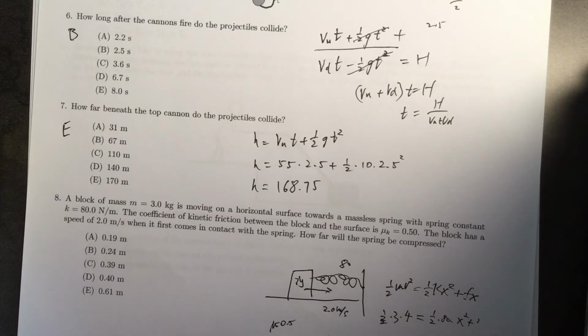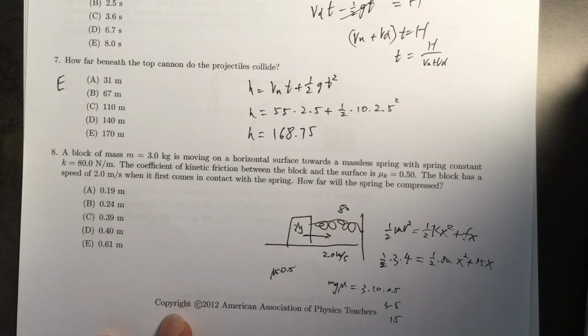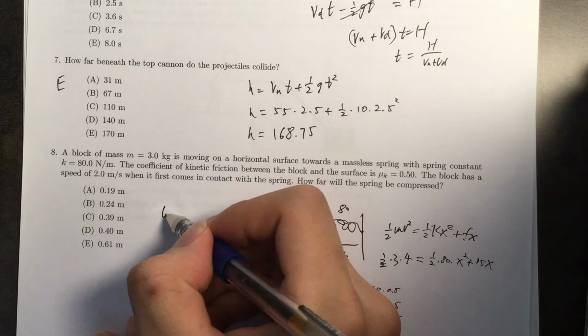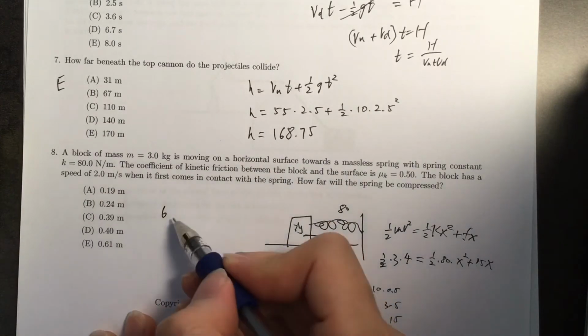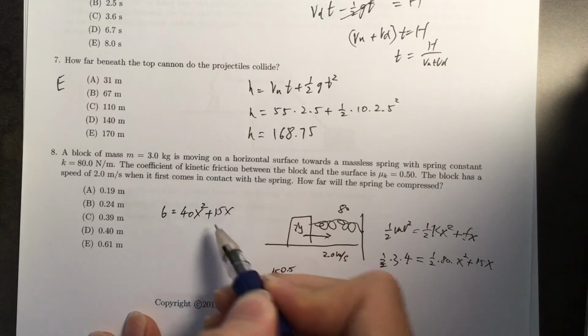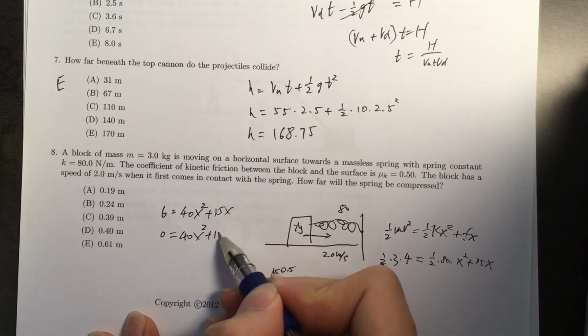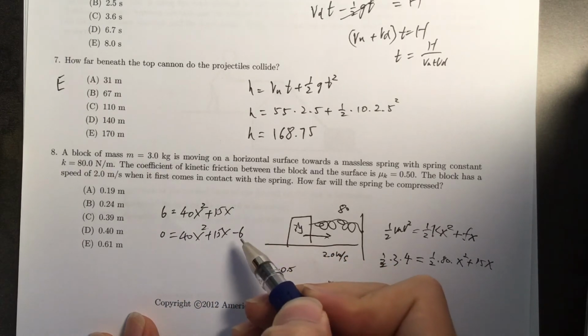So friction mg mu is 3 times 10 times 0.5, which is 3 times 5, which is 15, plus 15x. So I write it down again. We have 6 on the left. It's equal to 1/2 times 80, which is 40, times x squared plus 15x. Now we move 6 to the left, so 0 equal to 40x squared plus 15x minus 6.